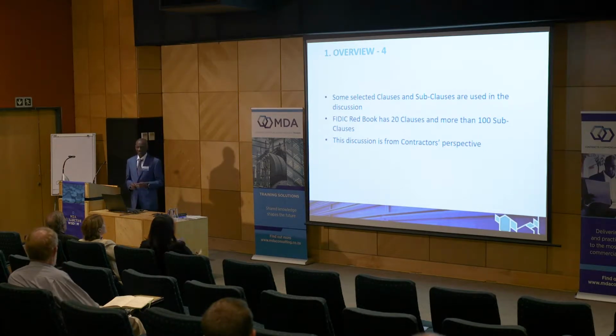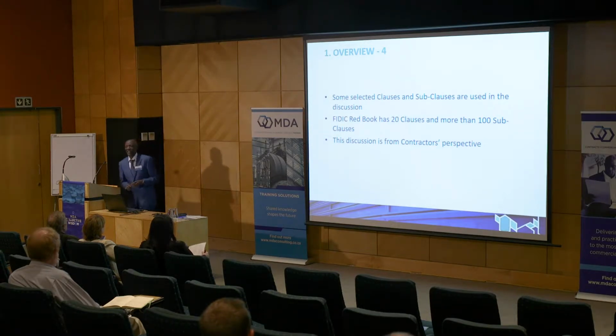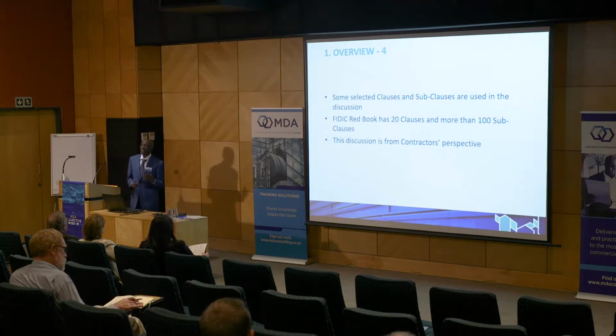I'm sure there are many contractors here. They'll be able to know how other people in other parts of the world or in Africa face some common problems when using this form of contract, and how one can make use of FIDIC when using it.